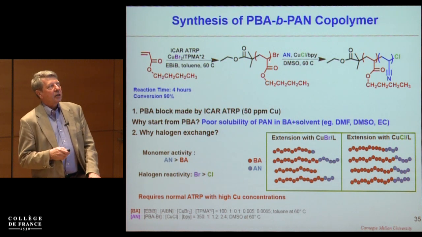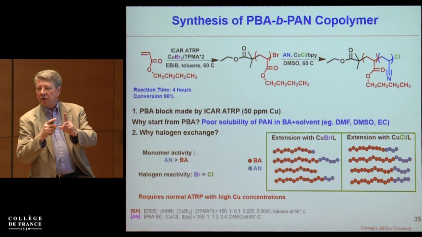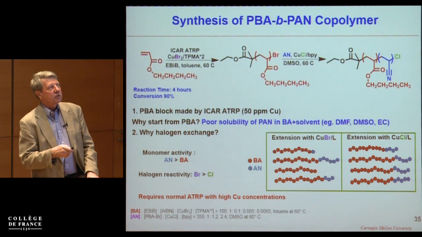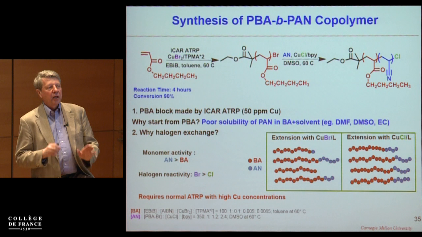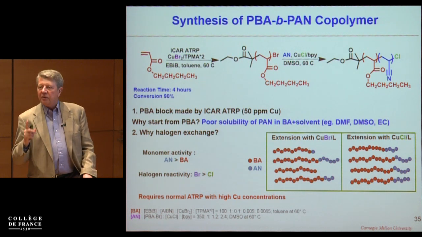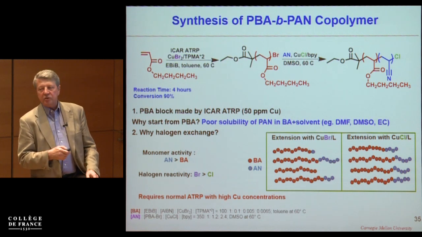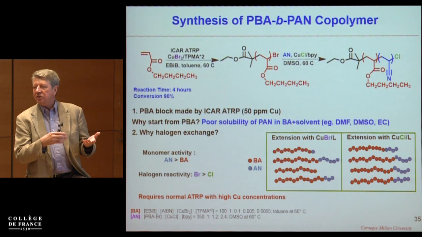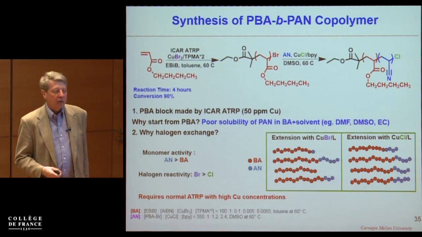So if I start with a bromoacrylate, I can add copper chloride, have a halogen exchange, and now the reactivity of this bromoacrylate matches the reactivity of chloroacrylonitrile. And now all of these chains continue to grow at the same time. There is, however, one problem, that in that case you need to have enough chlorine source, or copper, which would match the amount of the bromine. So you have to put 1-to-1, essentially, copper chloride.